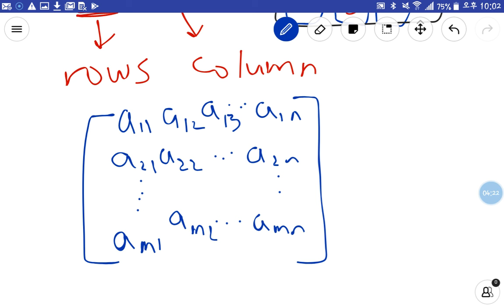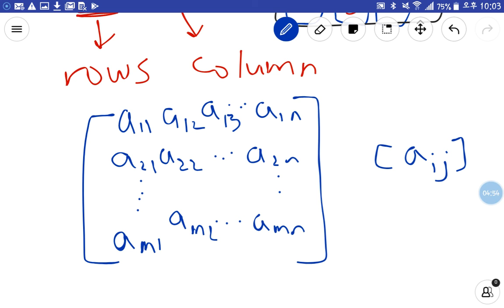Another way we can write this is a shorthand notation, which is A equals the element a_ij. It is the same as what we just wrote. As I said, all these numbers A11, A12, through Amn are elements.